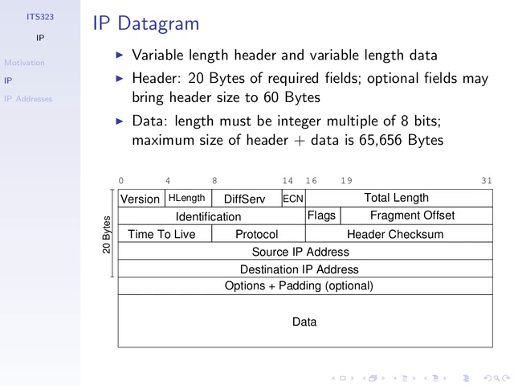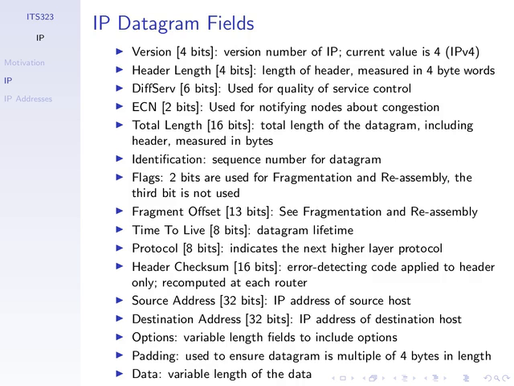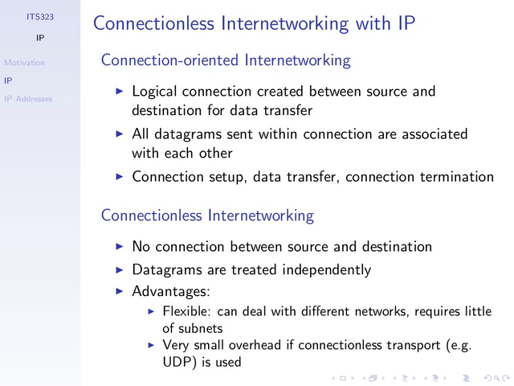So we assume that doesn't exist, and then we have the data. So 20 byte header plus data is the typical size of an IP datagram. Those fields are described in a little bit more depth, listed there. We'll see the most important ones in use through our examples.